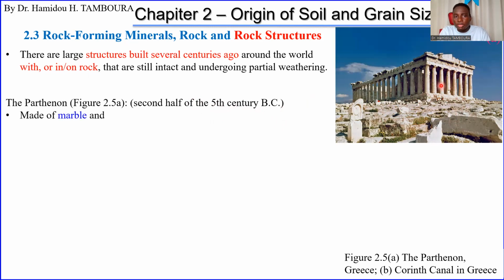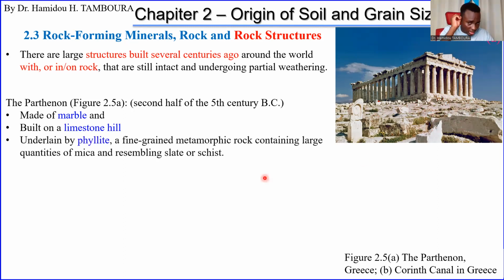It is made of marble, so the material is marble, and it is built on a limestone hill. So this hill is limestone, and under this limestone we have phyllite, a fine grained metamorphic rock that contains a large quantity of mica and resembles slate or schist.